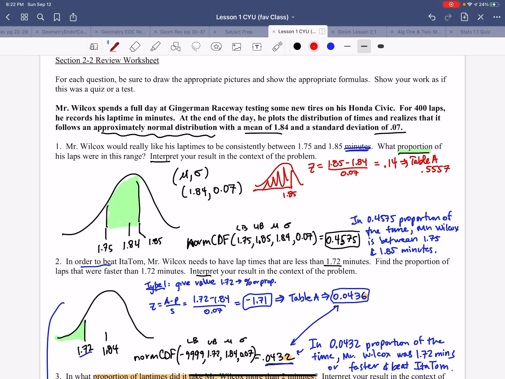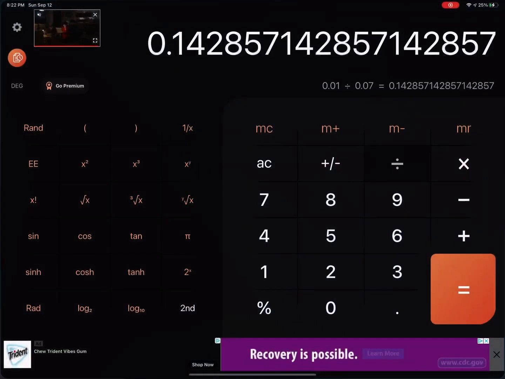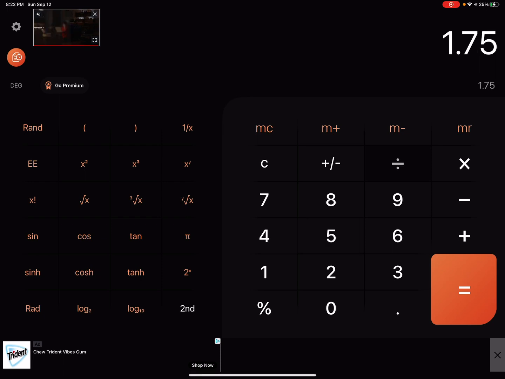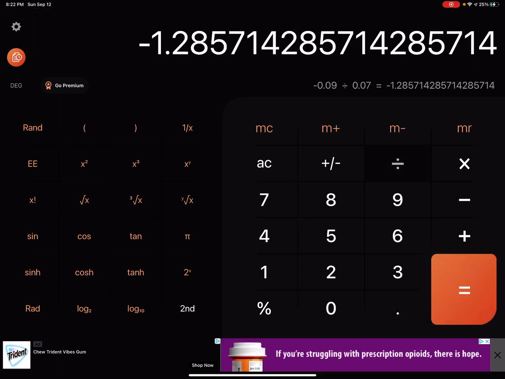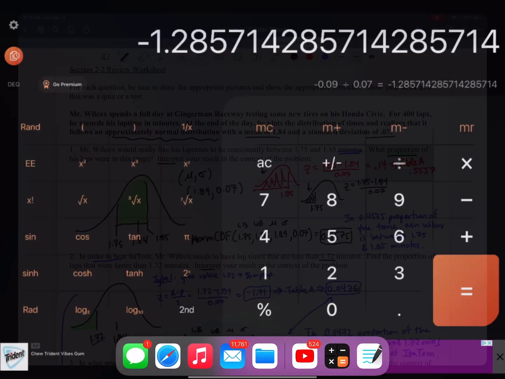Now I'm going to do it again. I'm going to find this area to the left of this number. And so I'm going to take the whole thing minus the tail to get this part in between. So the 1.75, negative 1.29.